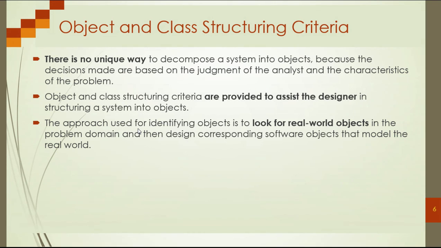These guidelines are used to identify the object. After the objects have been identified, we can use these objects to identify the interaction among the objects, also to design the dynamic model and the communication diagram or sequence diagram.